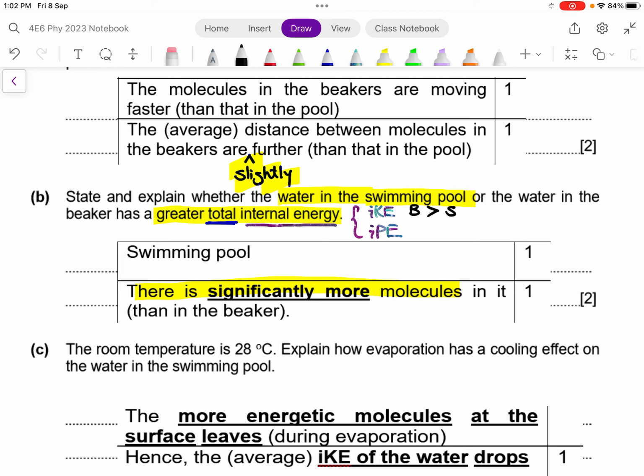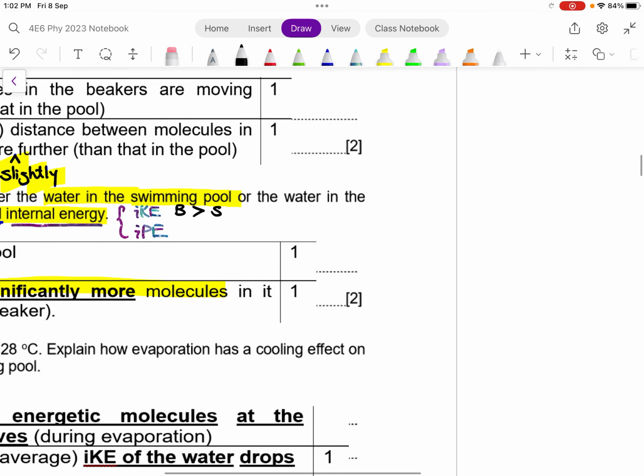But even though the beaker's molecules are able to move faster, the swimming pool has more molecules. So if you think about this, swimming pool versus the beaker.